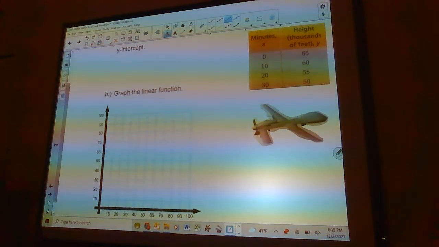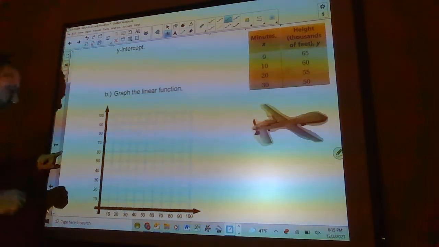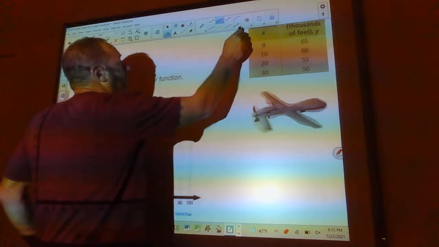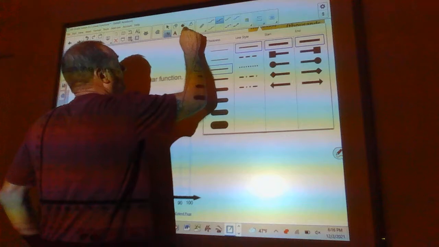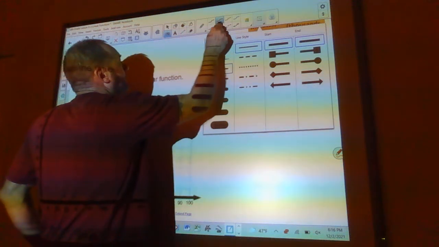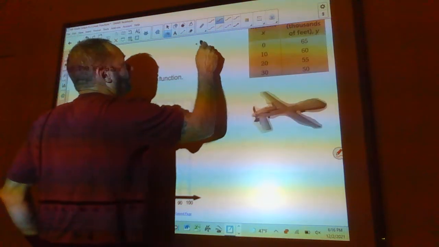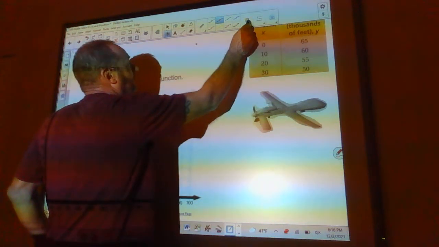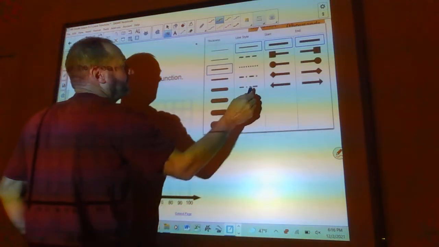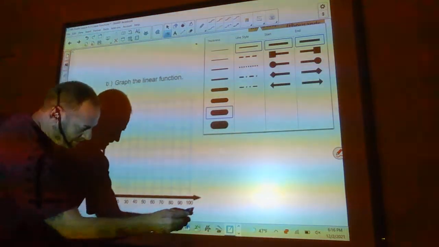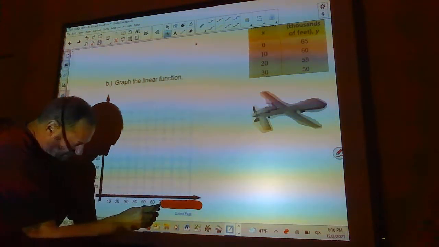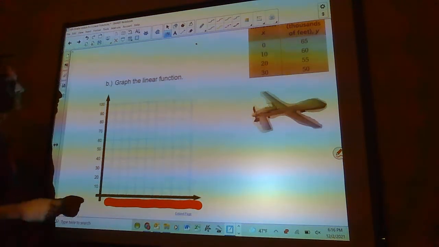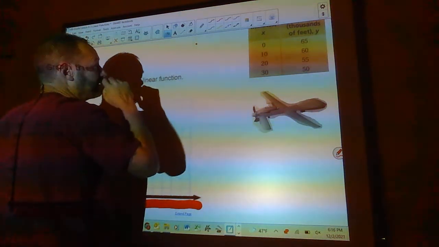Oh, and I don't like this. Okay, so this down here, here's what we're going to do. I'm going to get rid of this right here. I'm going to put a new scale on here. And let's see.